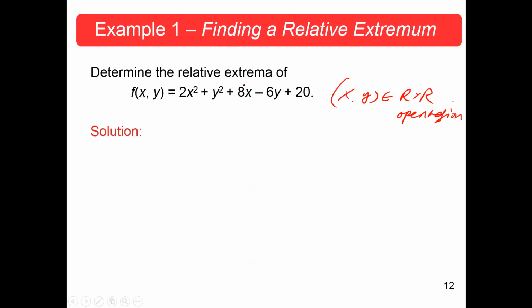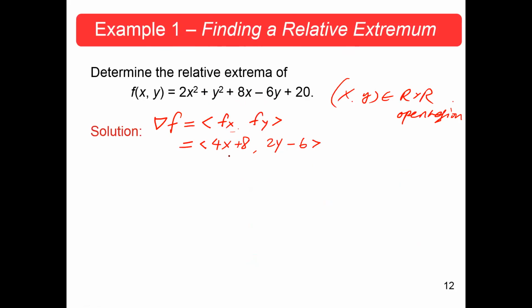Any thoughts? What should we be looking at? The partial derivatives of x and y. So that would be the gradient of function f, which is partial x and partial y. We should investigate these two. Partial x would be pretty easy to find, which is 4x plus 8. Good. Partial y would be 2y minus 6.